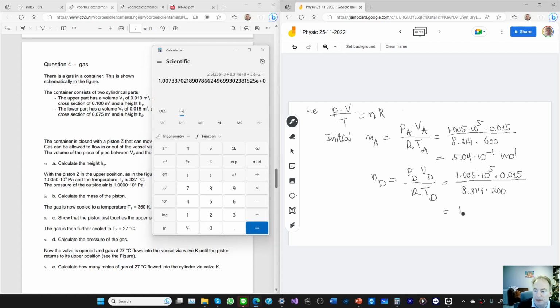And this is 1.01 times, oh, this is 1.01 mole.